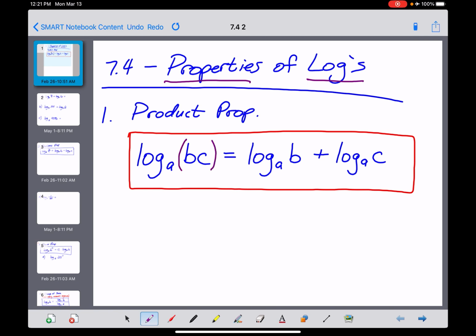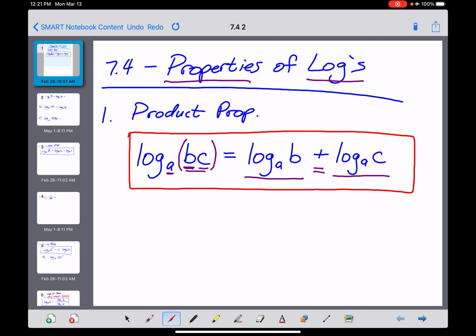If you're taking a logarithm of a certain base, so we're just calling this log base A generically, of a product, B times C, so the product of two numbers being multiplied together, that big fancy logarithm can be broken down now into the log base A of B. Notice it's the same base of the logarithm, and B is the first factor in that product, plus, not times, which is what a lot of people want to say here, but plus the log base A of C, where C is the second factor in that original product.